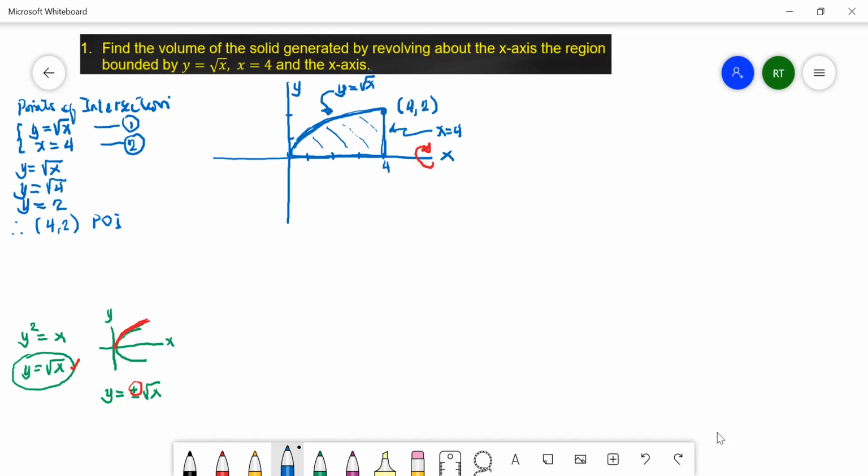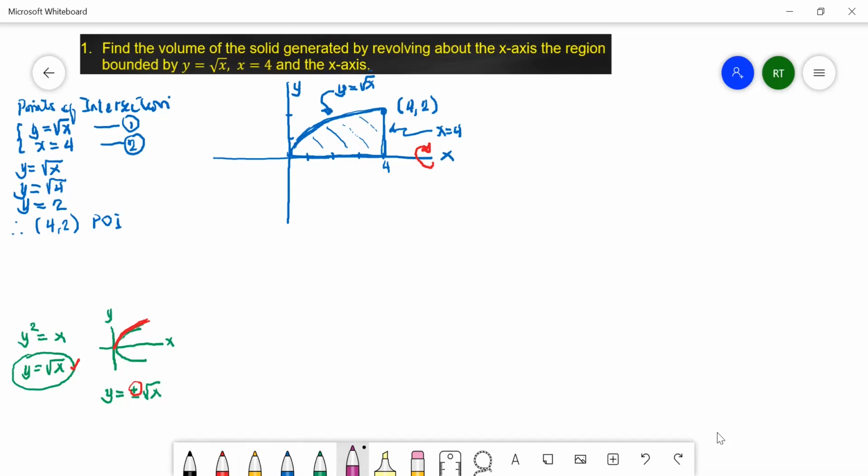Now, since you are considering the disk method, then the element must be drawn perpendicular to the axis of revolution. And the axis of revolution is the x-axis.